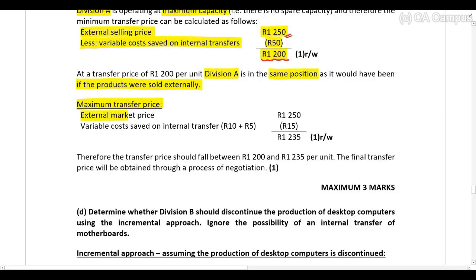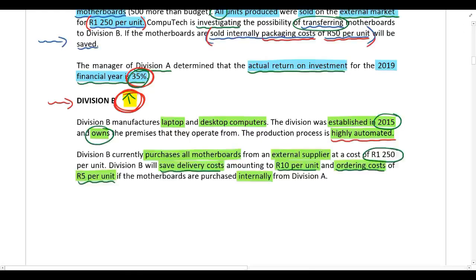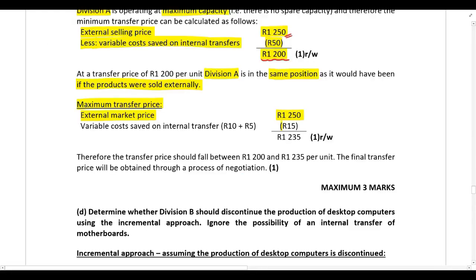So you take the external market price. So what is B currently paying on the external market? They are currently paying 1,250 Rand. If they buy internally, they won't incur the delivery costs and the ordering costs. So they'll save 15 Rand per unit if the motherboards are purchased internally. So that gives you a maximum transfer price of 1,235 Rand per unit.